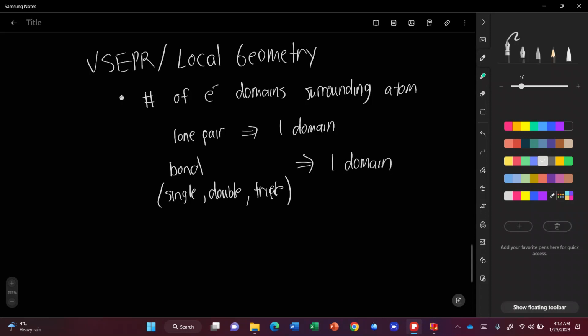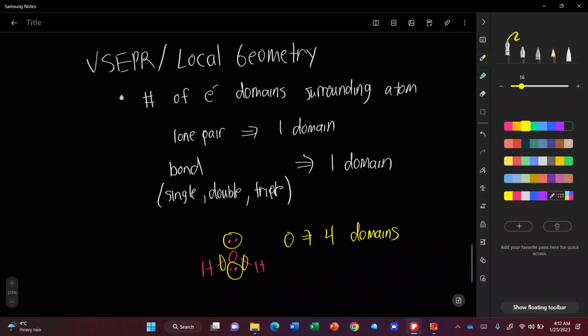So for example, if I have a molecule of water, this oxygen, the central oxygen, has 1 lone pair, 2 lone pairs, 3 bond, 4 bond. Alright? So lone pair, lone pair, bond, bond. Therefore that oxygen, the oxygen of water, has 4 domains.